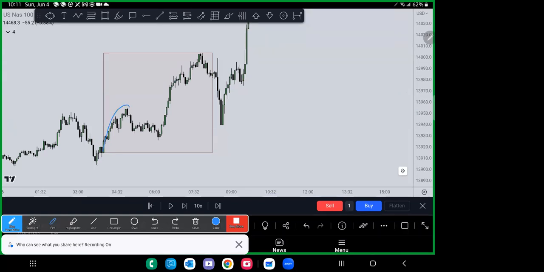Buy side, sell side, buy side. Right? 815 macro balances this price range, right?